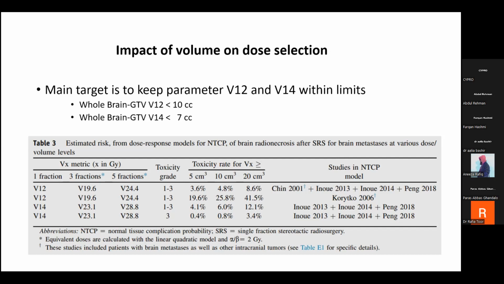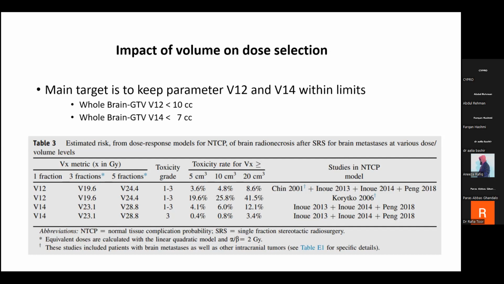The second parameter is V14, the 14 gray dose delivered to this much volume. We try to achieve 7 cc. We always try to achieve both in one patient. If we cannot, at least we follow V12. And the chance of developing grade 3 toxicity, which is radionecrosis, is less than 10%, in fact 5%.